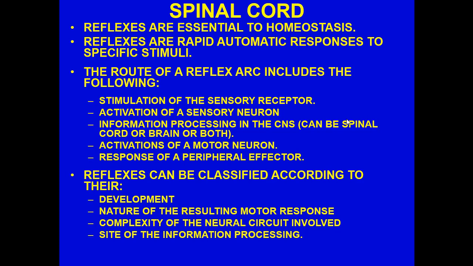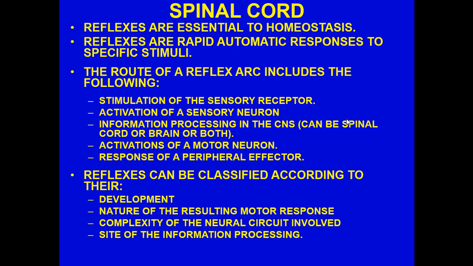Now the route of the reflex arc includes the following: the stimulation of the sensory receptor, the activation of the sensory neuron. So by activating it, what's going to happen? You're going to send sensory information up afferent pathways to the information processing area in the CNS. Remember, it can be either spinal cord or brain or both.